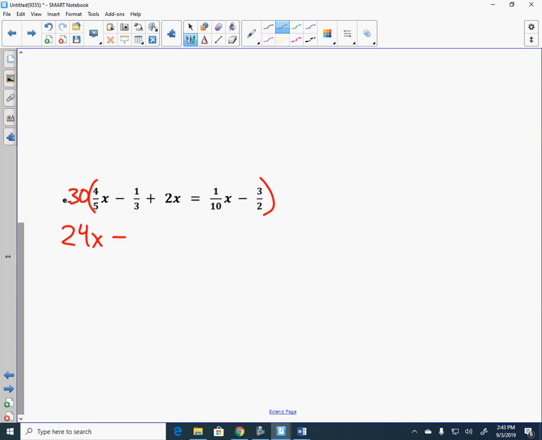Minus 30 divided by 3, 10, times 1. 30 times 2x, 60x. 30 divided by 10 times 1 is 3x. And 30 divided by 2 times 3. And now it's an equation that you can solve and not worry about any fractions. Correct?